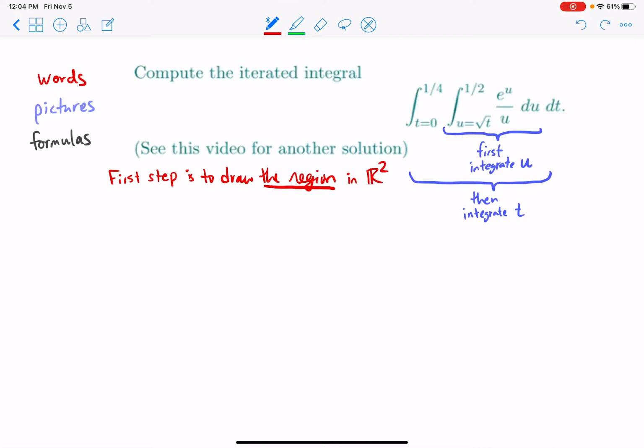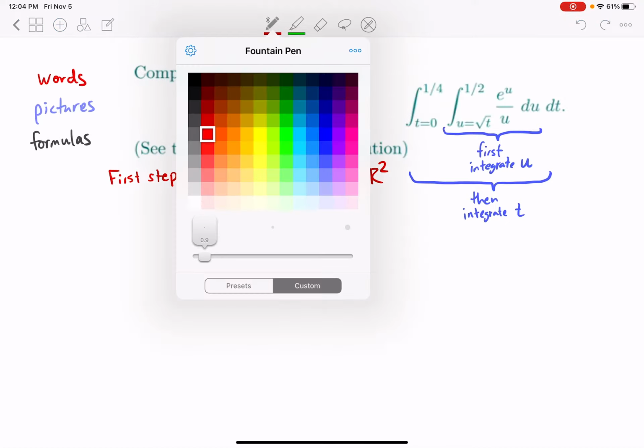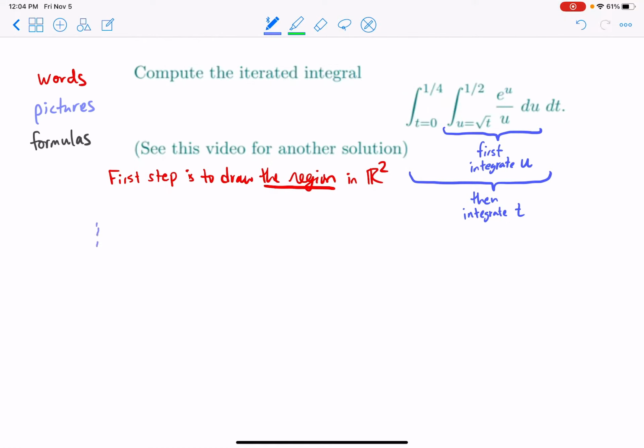So we could draw the plane in two ways. We could draw like this, where t is here and u is here. Or like, nobody can stop us from drawing u here and t there. You don't have to do both, but let's try to do one of them.